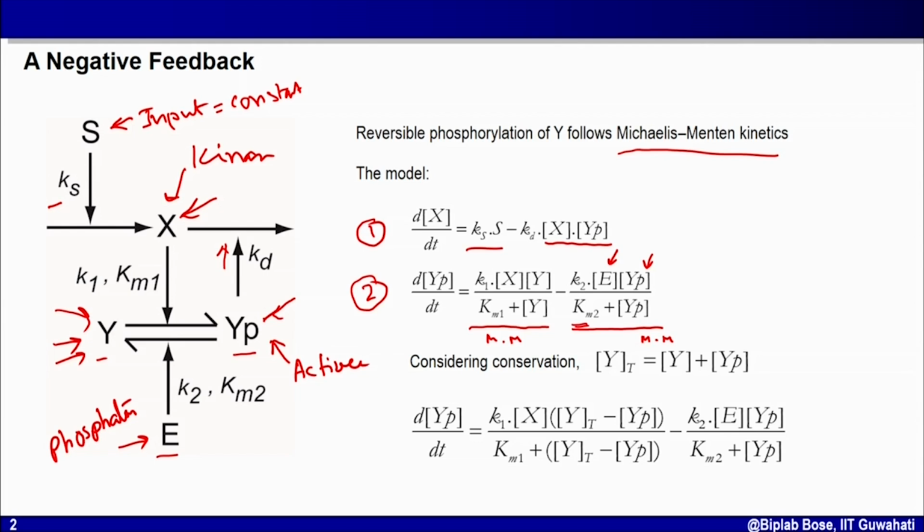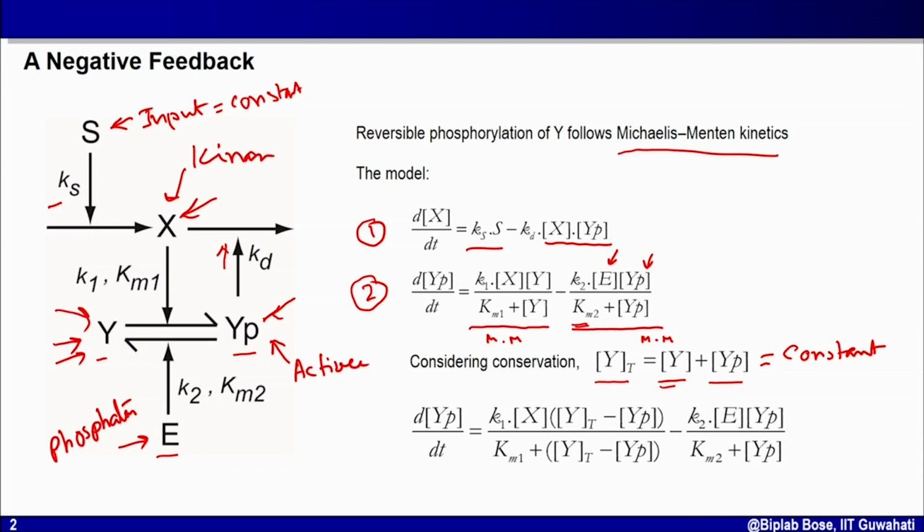Now I am left with the ODE for Y. If I consider that the total amount of Y, that is Yt, is equal to Y plus YP, and if I consider that it remains constant, then I can replace Y in terms of YP.